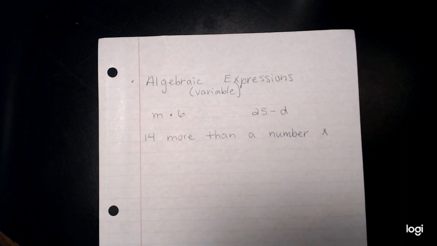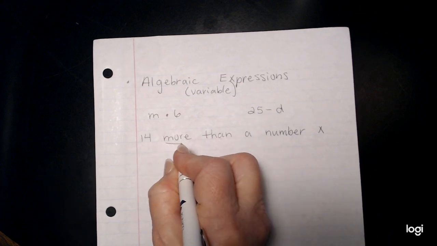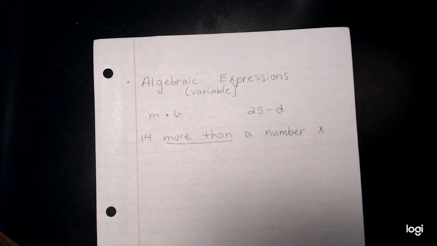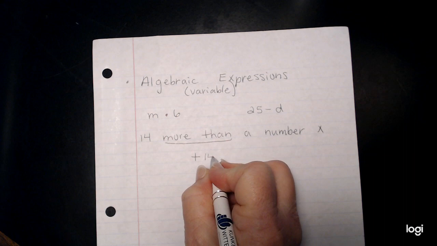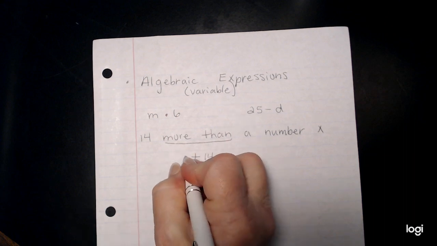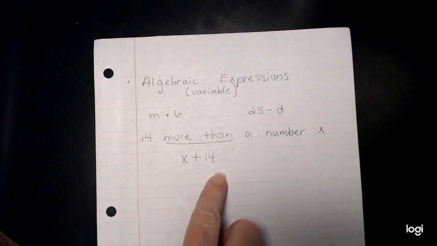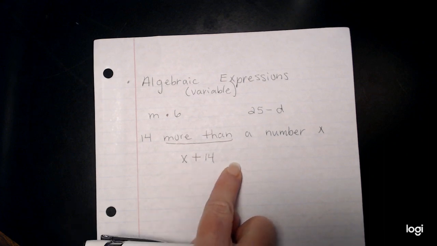We find more than in our list of math terms. More than means plus. 14 is more, so I'm going to put it here at the end. More than what? It's more than x. x plus 14. This is my algebraic expression. It has a variable, and it has a number, and no equal sign. Okay, let's do another one.